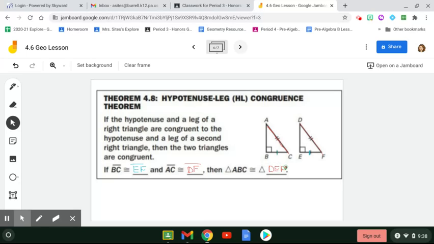And remember, the hypotenuse is the longest side, and it's across from the right angle. So important things to remember.